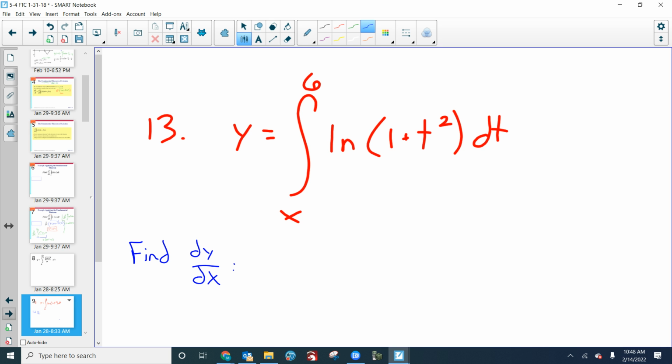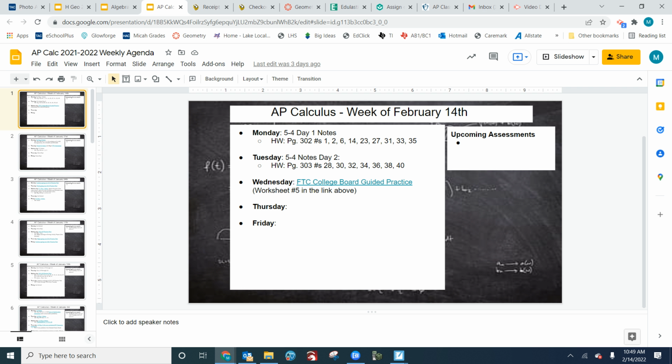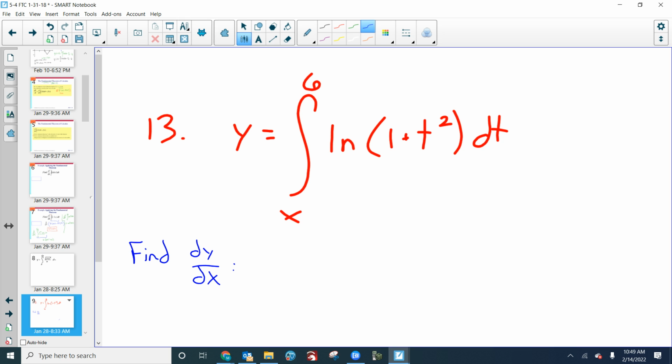There's 2 ways to approach this one. You guys have it written down? It's number 13 in the book. It's not one of your homework questions, but we'll do it anyway.